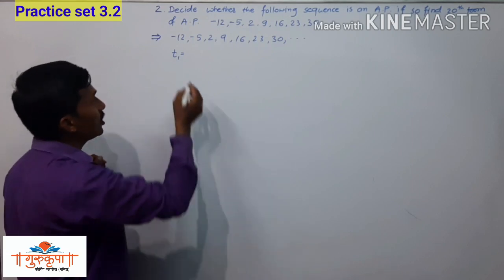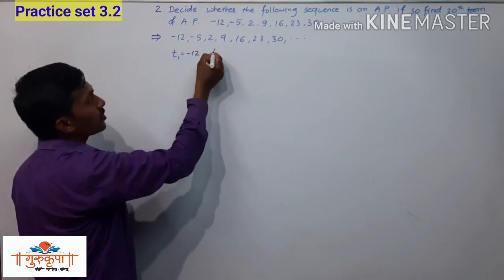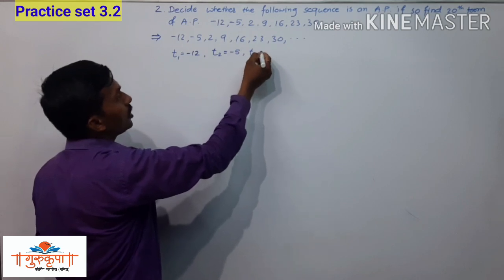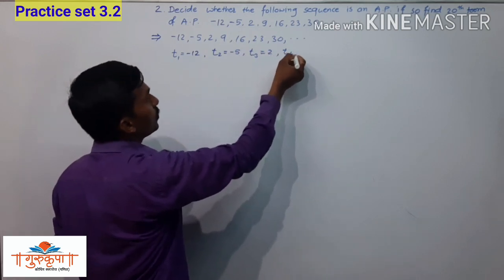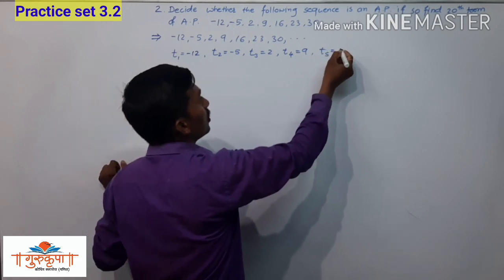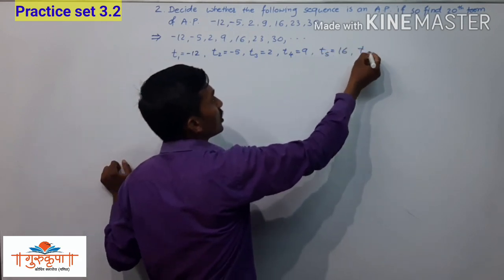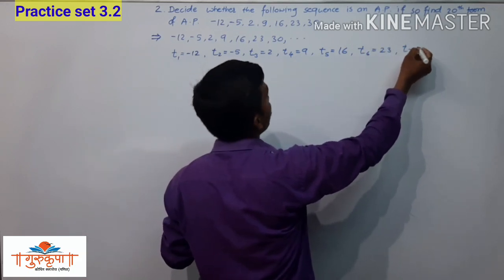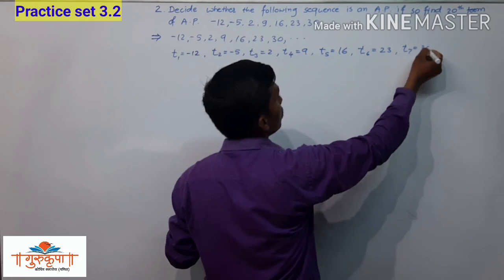T1 is minus 12, T2 is minus 5, T3 is 2, T4 is 9, T5 is 16, T6 is 23 and T7 is 30. We have provided 7 terms here.